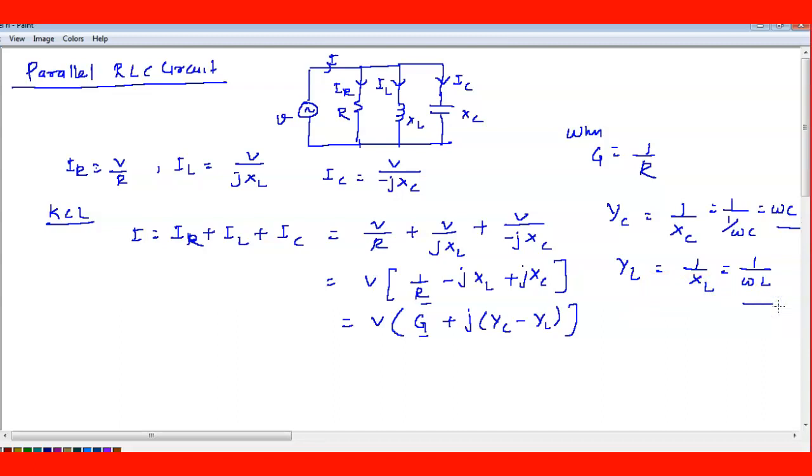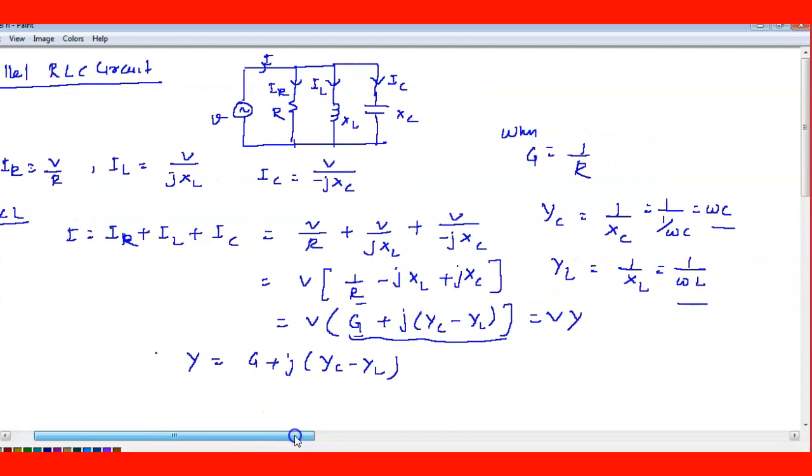Okay, so Y is equal to G plus J into YC minus YL, right? Because this one is considered as capital Y. Any doubt till here?